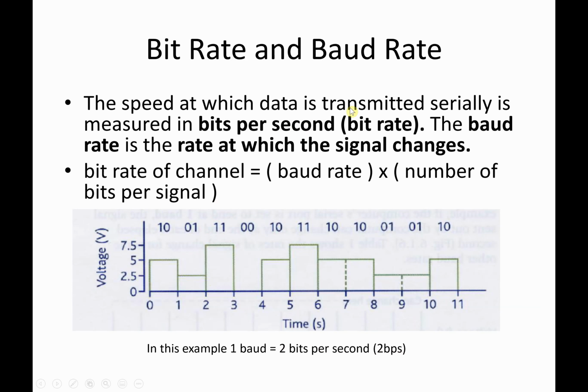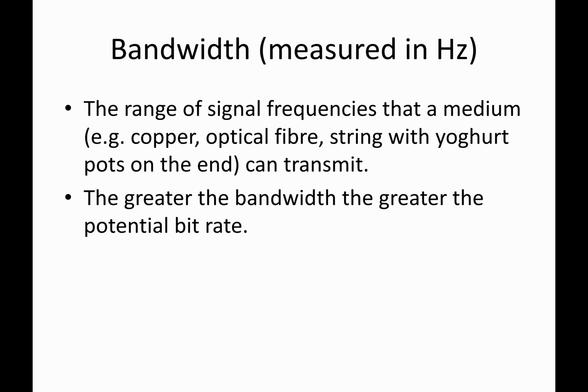Now the bit rate is always measured in bits per second. So when you're talking about your download speed from your internet provider, it's always in bits per second rather than bytes per second. Now your bandwidth is the range of frequencies that a medium can transmit.